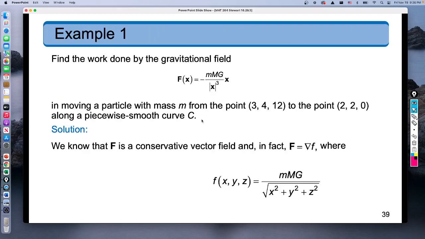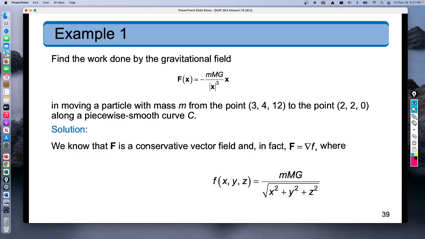Okay. So here's an example that we were given. The gravitational field is this function, and notice this is a bold x. So this x stands for x, y, and z, so it's three-dimensional. We've got this times x over the absolute value of x to the third, so that's really going to be like an x squared, where some particle has a mass little m, and we're going from a point 3, 4, 12 to the point 2, 2, 0 along some smooth curve.